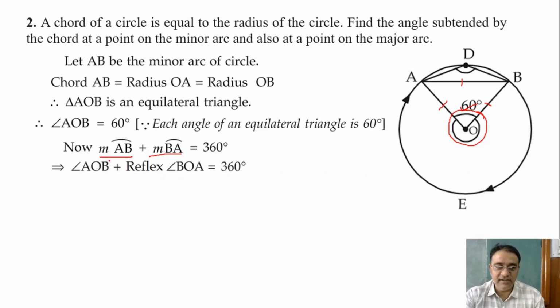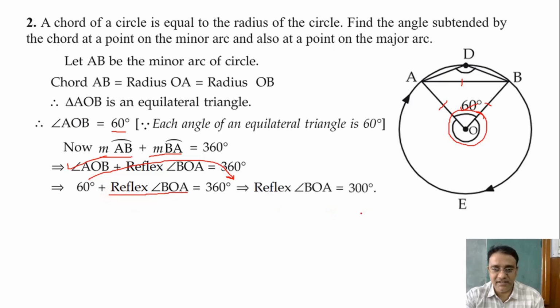So angle AOB plus reflex angle AOB is equal to 360 degrees, and the value of this angle we have is 60 degrees. So if we subtract 60 degrees, how much will this angle be? 300 degrees. Right.